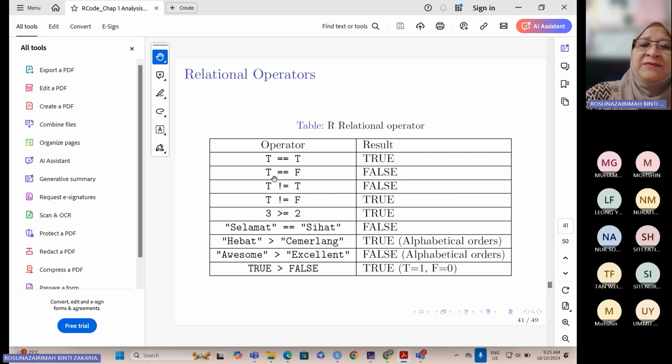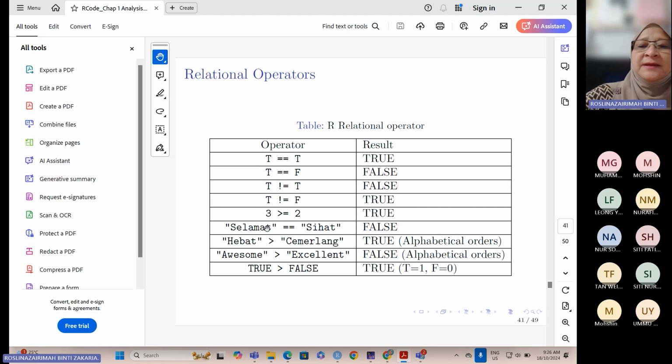Whenever you have an exclamation mark, T exclamation mark equal, that means T not equal to TRUE, so that statement is wrong. If T not equal to F, that means that statement is true. We can also write 3 greater than or equal to 2, so that statement is true. So this is what we call relational operators.